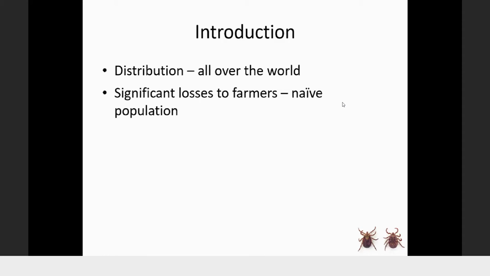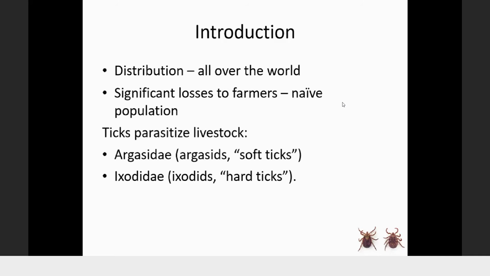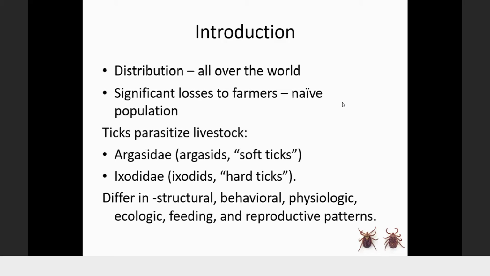Okay, so as an introduction, tick distribution is all over the world, and it can cause significant losses to farmers, especially in naive populations. Ticks parasitizing livestock can be divided into soft ticks and hard ticks, where the soft tick is called Argasid and the hard tick is called Ixodid. And they are different in structure, behavior, and physiology, as well as ecology, feeding, and reproductive pattern.